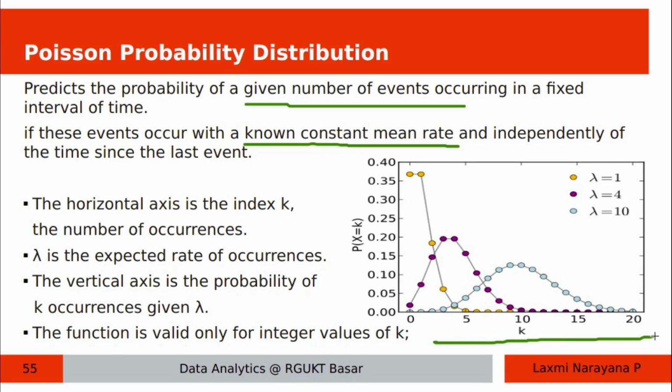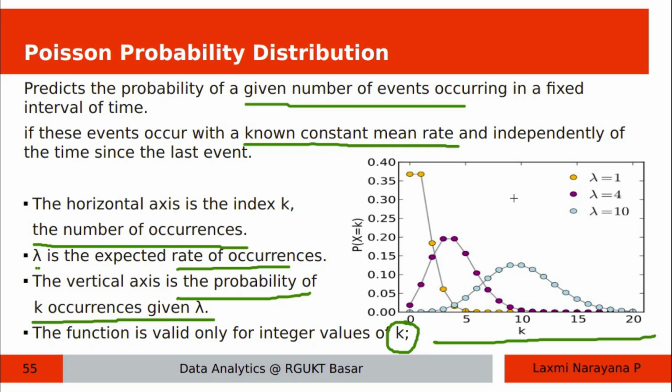This axis represents the number of occurrences, denoted as k, and here lambda is the expected rate of occurrence of the event. The y-axis is the probability of k occurrences for a given lambda. For this k, only integer values are valid.